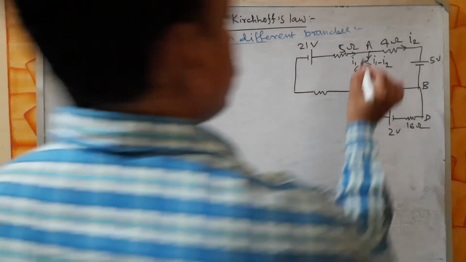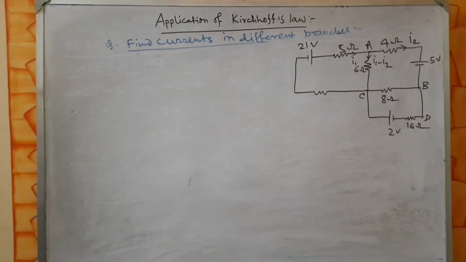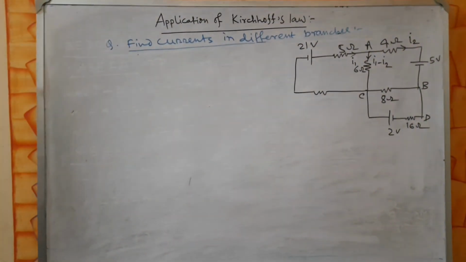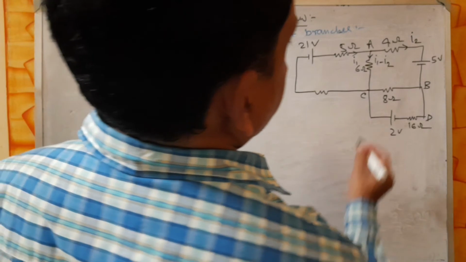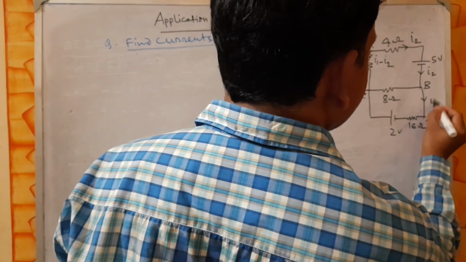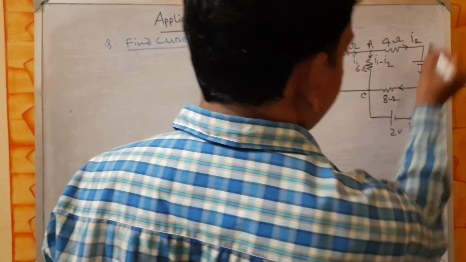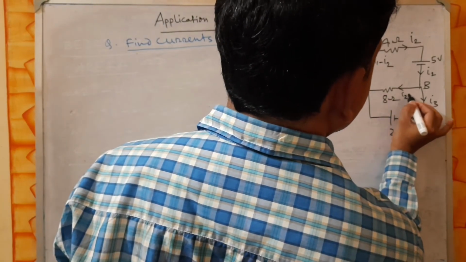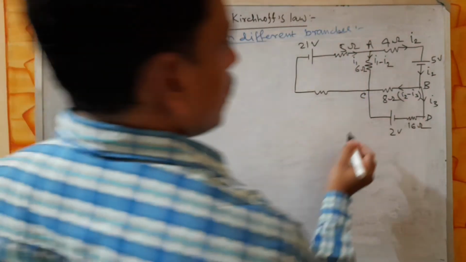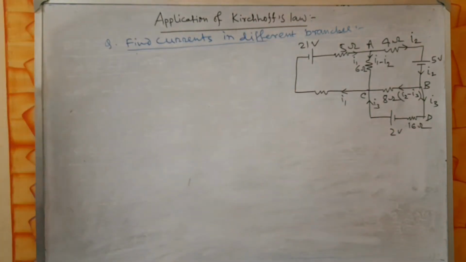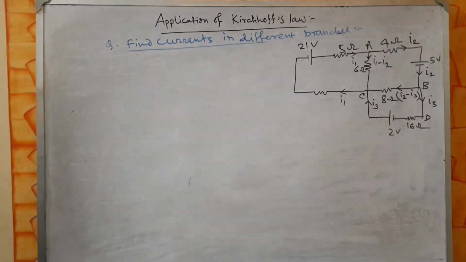Suppose through BD the current is I3. So I2 is entering and I3 leaving, so towards DC the current is I2 minus I3, and I3 is equal to I1.